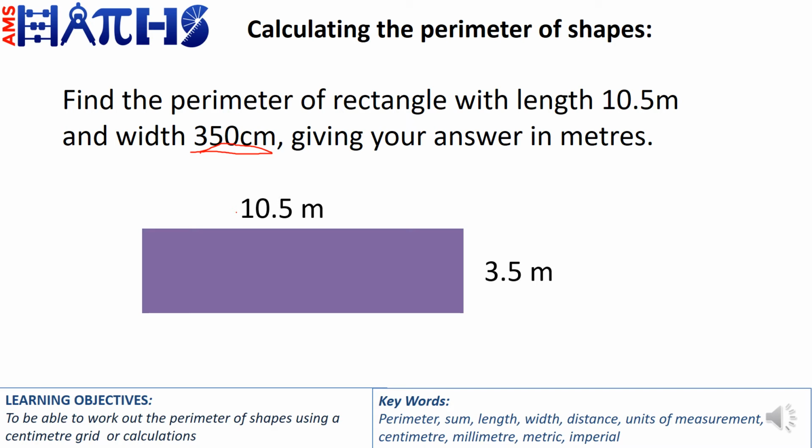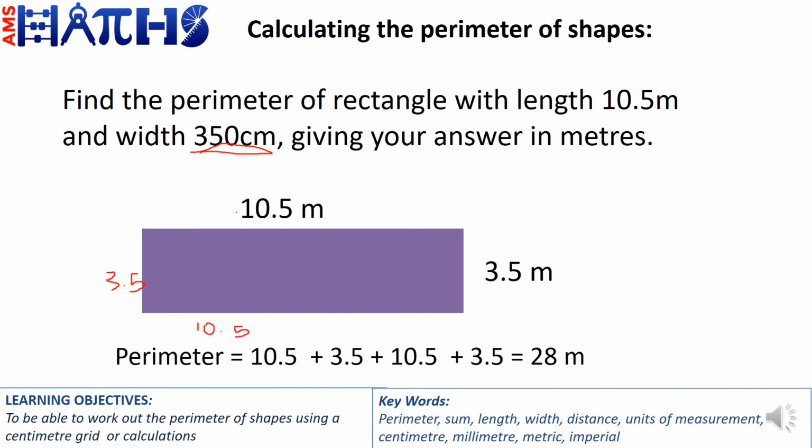So I can only get 3.5 meters from 350 centimeters. Now that I have my units in meters, all I need to do is identify the length of the opposite sides, then add them together to get the perimeter. And so my answer would be 28 meters.